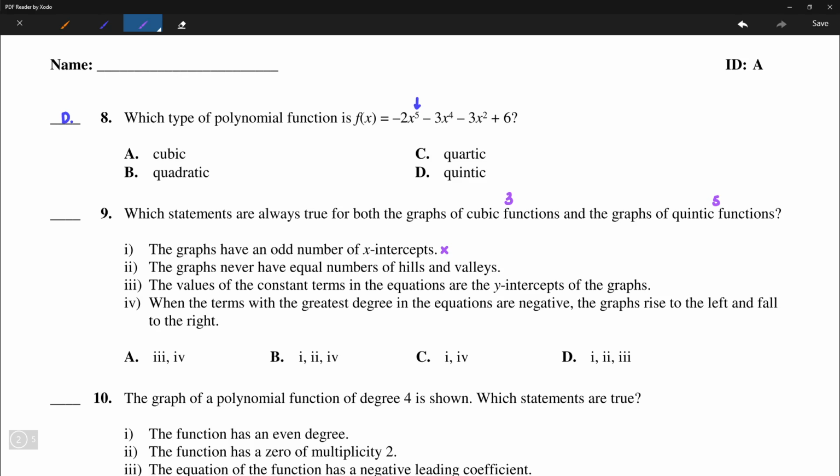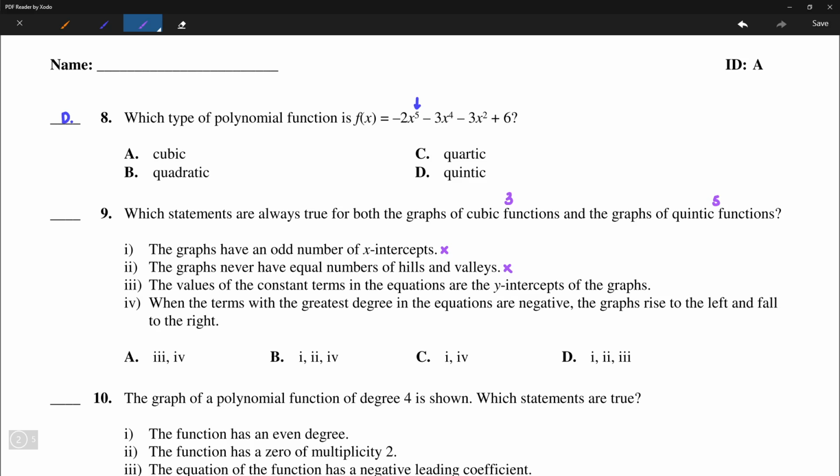So that's only 2 x-intercepts. The graphs never have equal numbers of hills and valleys. It is possible to draw something, for example, a cubic function could look like this. This will be one local maximum and one local minimum. So that's an equal number of hills and valleys. So this one is also false.